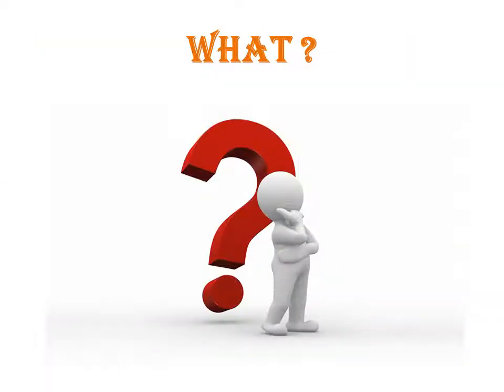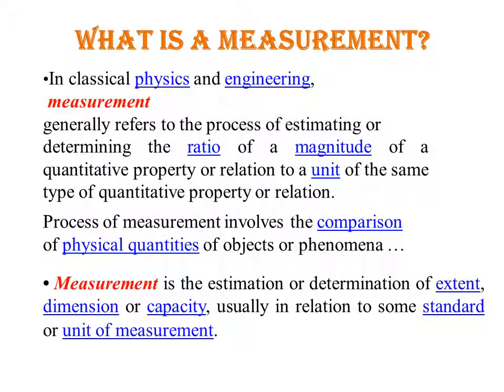Now that you have understood what is the purpose of a measurement system in various fields or various applications, you will be wondering now, what is this measurement? What is the definition of a measurement? Let us see. In physics and engineering, measurement generally refers to the process of estimating or determining the ratio of a magnitude of a quantitative property relation to a unit.